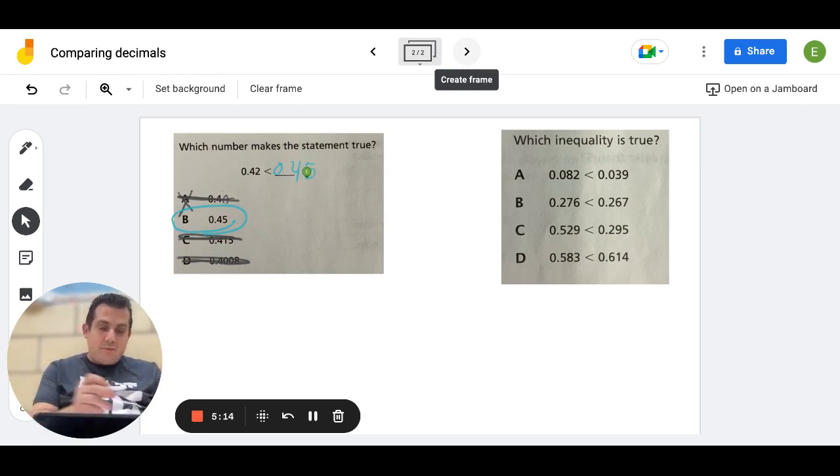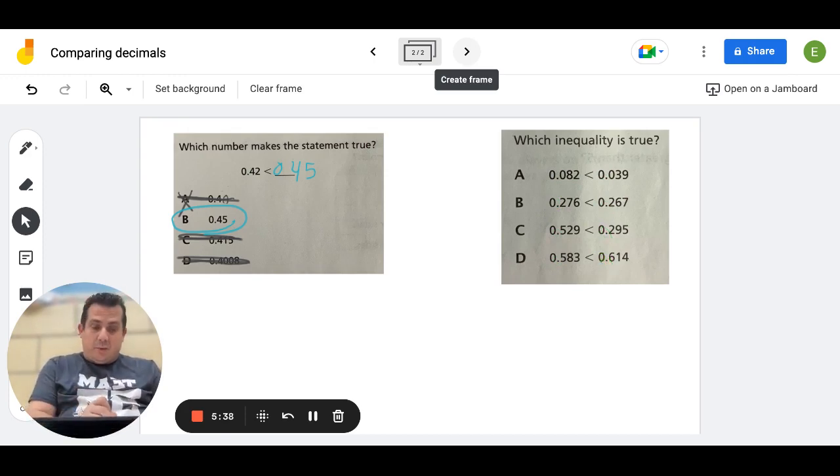Okay? Now let me look over here. I'm going to look at the problem on the right-hand side. You will often get one of these. Now, what I like about this problem is, see the decimal point in each one? Always look at the decimal point and see how many place values you have after it.